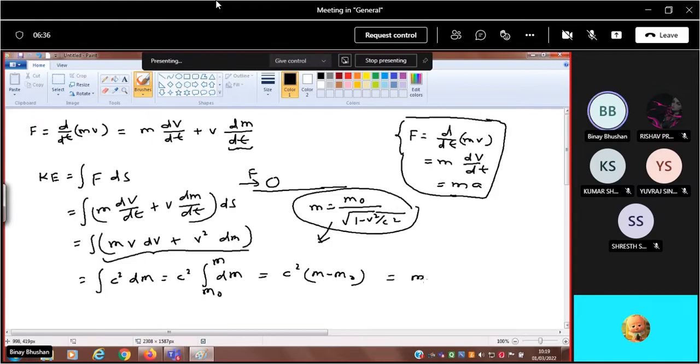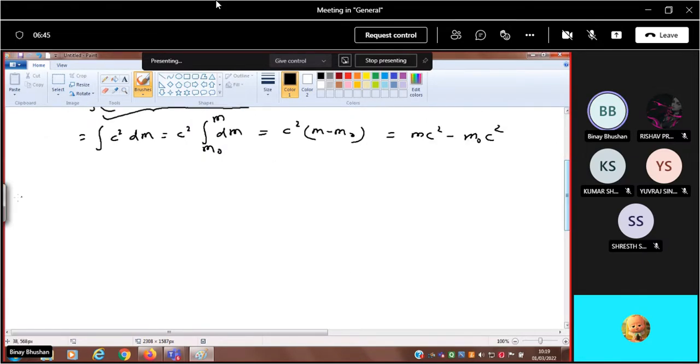So that is equal to mc square minus m naught c square. So this is the kinetic energy in STR. Kinetic energy in STR is this.